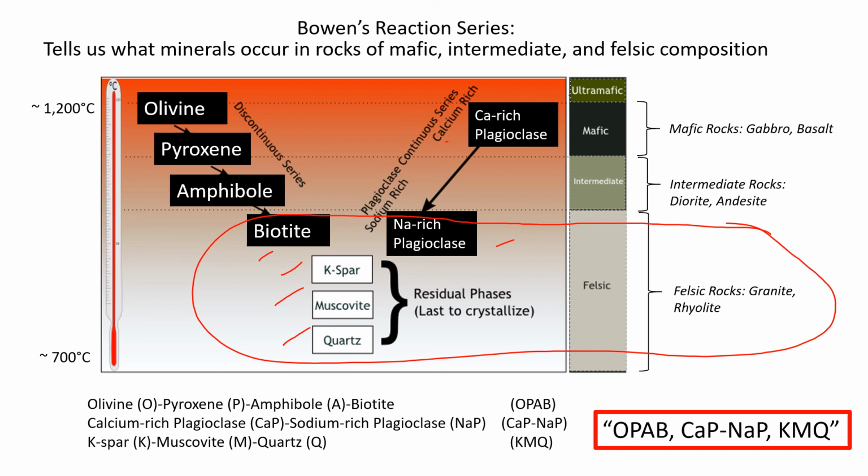So that's the other big take-home message here with Bowen's diagram, is you want to make sure for rocks of mafic, intermediate, and felsic composition, you can say something about the mineralogy of rocks of these compositions. And to get that information, it's all right there for you on Bowen's reaction series.